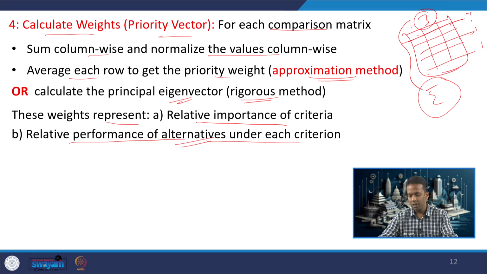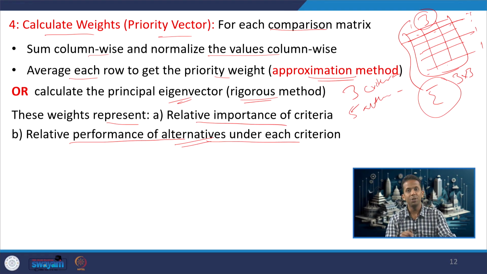Once that is done, consider one criteria at a time and compare all the available alternatives for each criteria. Let us say there are 3 criteria and 5 alternatives. To compare the 3 criteria amongst themselves, we will have a matrix of 3 by 3, and then we will get 3 numbers, the priority vectors or weights, for the 3 criteria.